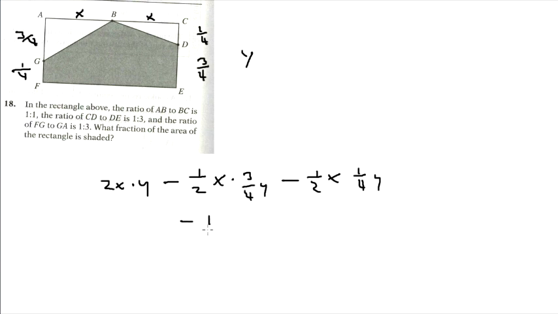So if we have here minus 3/8, right? Because we multiply the 3's and the 2 and the 4, xy minus 1/8 xy, which looks an awful lot like 1/2 xy, because 3/8 and 1/8 is 4/8, otherwise known as half.